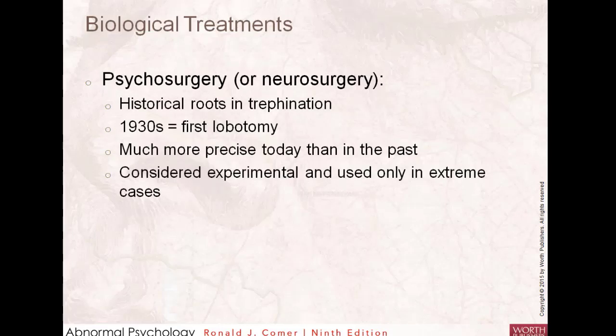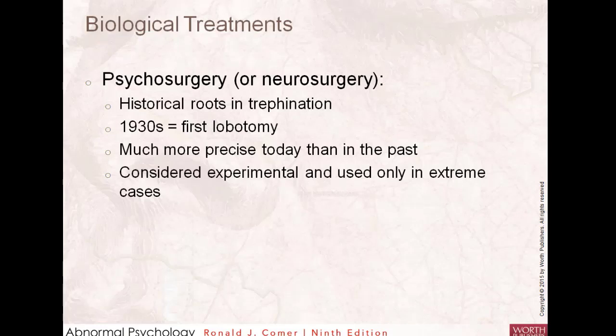Psychosurgery or neurosurgery is something that is extremely rare today and would only be used in the most extreme cases. As you see here, it has its roots in trephination, as we talked about, drilling holes in the skull to try to reduce symptoms because the person thinks that maybe this will allow the evil spirits to escape.